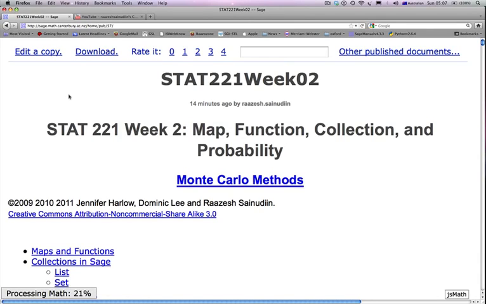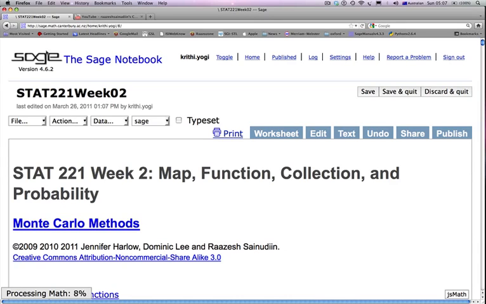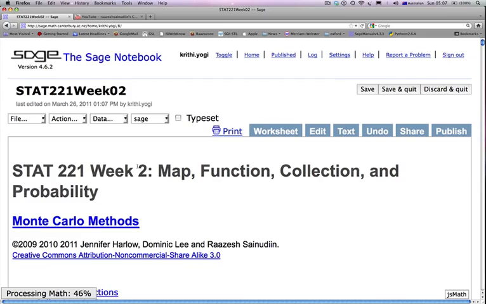Once this is processed, hit the Edit a Copy button on the top left. And now you should be staring at your own copy of the worksheet, Week 02.